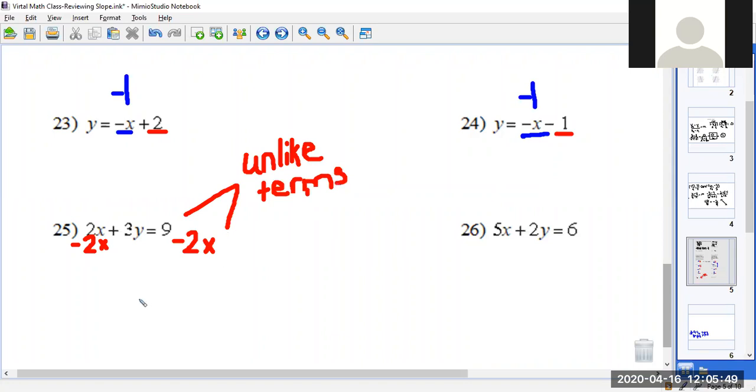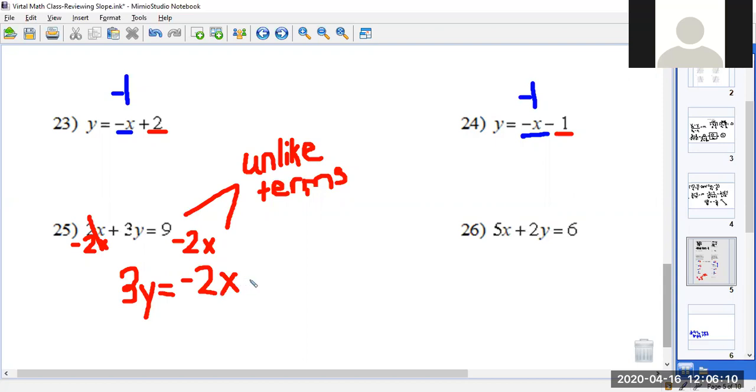All right. So now, what do I have left? Because this cancels out. 3y equals negative 2x plus 9.